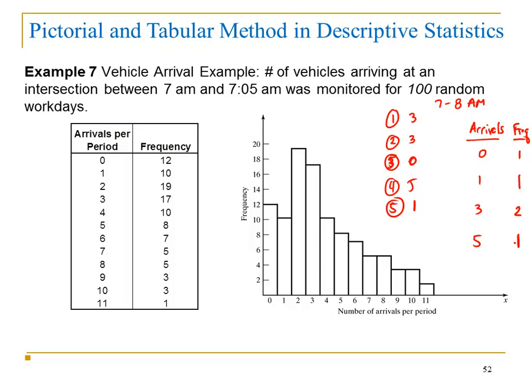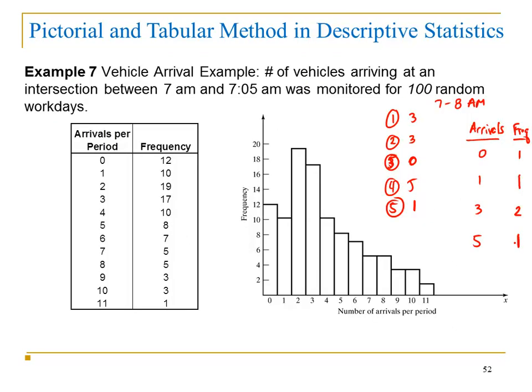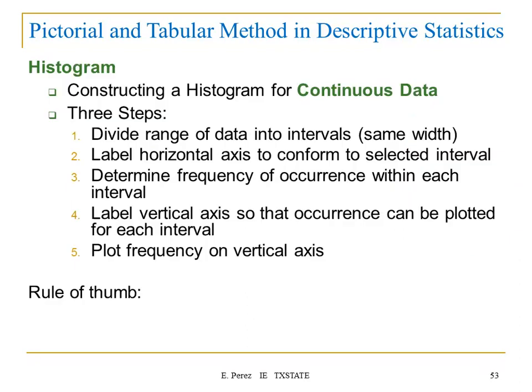We can do the same thing using continuous data. But in this case, we need to specify the data interval, because again, we cannot represent continuous data just using integer numbers, because we have decimal places.